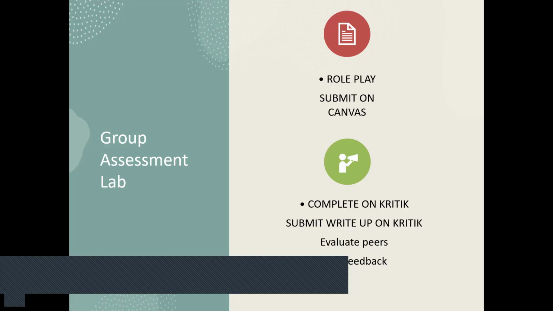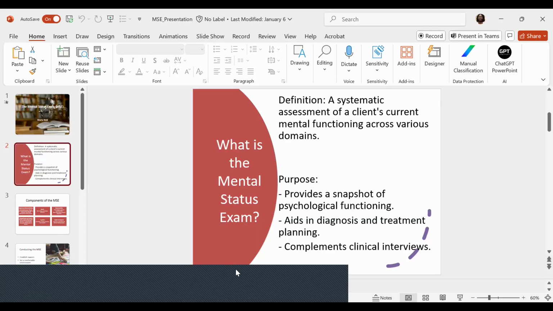Now, once you submit it on Critic, you are going to evaluate your peers, and then you're going to look at the feedback that you got. Okay. Now, you're going to have about a week to submit the initial write-up, and then you would have about 3 days for each of the other parts. Okay.